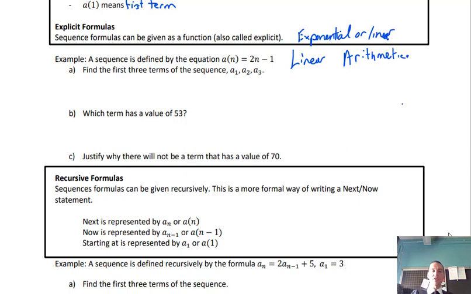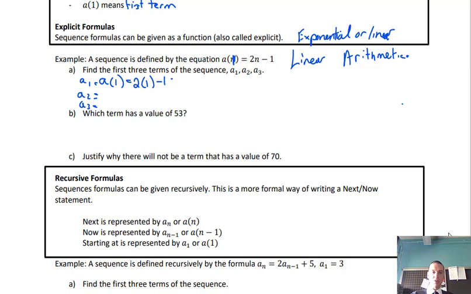So the first 3 terms of the sequence, a1, a2, a3. I'm going to list them. I know there's not a lot of room, so if you would like to go to the side, you can. So a1 can also be written as a of 1, which we know, if we have 1 here, we're just going to plug 1 into n.